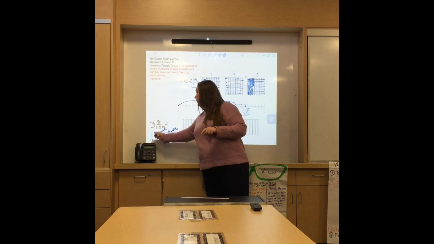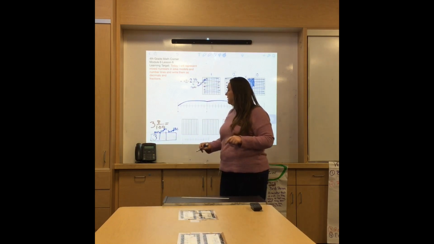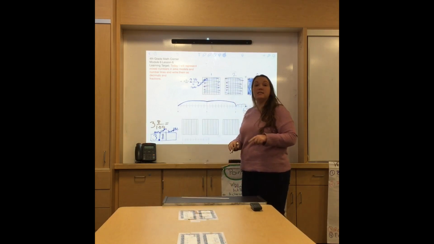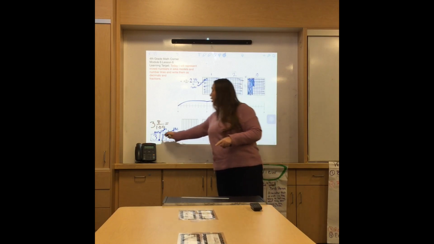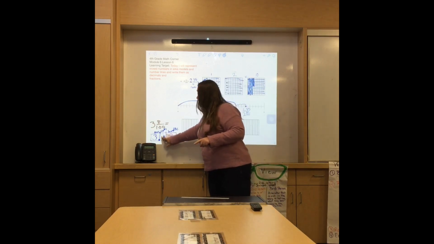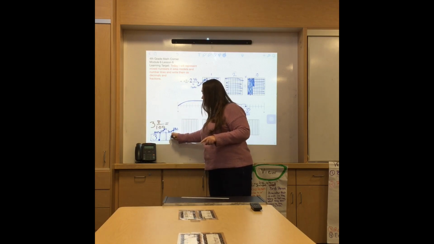I need to put the 3 in the ones place, write my decimal to separate, and then I cannot put my 8 in my tenths place. This would be 3 and 8 tenths, or 3 and 80 hundredths. That is not correct. I have to make sure that I put my 8 in my hundredths place.